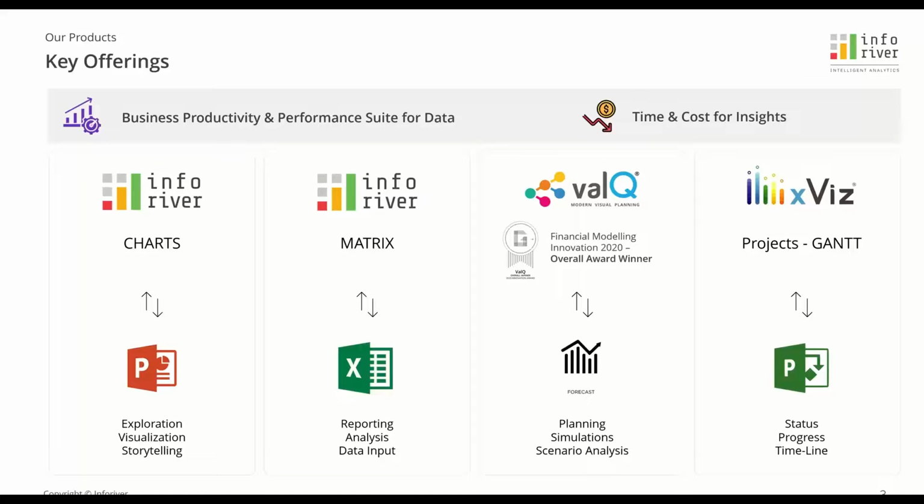Some of you recently saw a Power BI blog featuring the Inforiver charts for storytelling and advanced visualization. Today, we will be focusing on the Inforiver matrix, which you can use just like Excel for doing your reporting, your pivot analysis. But we will be focusing a lot on the write-back use cases where you can input the data and do the write-back.